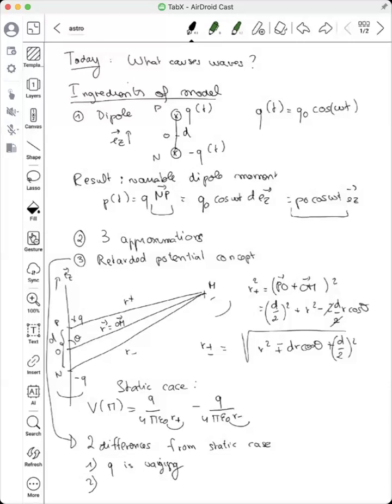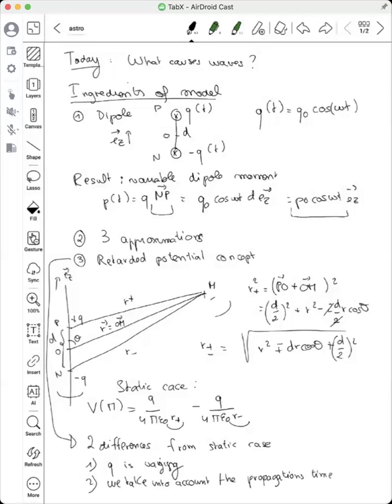We're not looking at this transitionary phase where something is happening here at the dipole location and not well established yet at the location of M, at the location of the point where I'm asking what's the potential. And here, we take into account the propagation times.